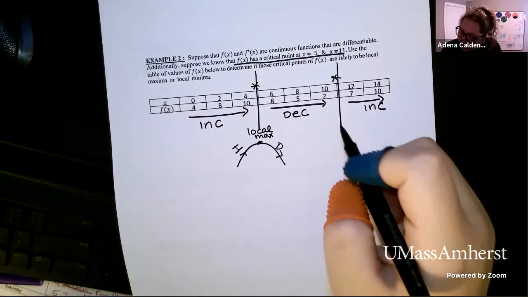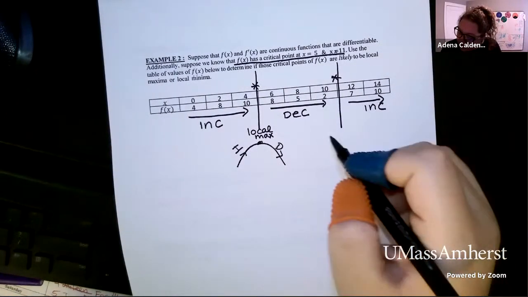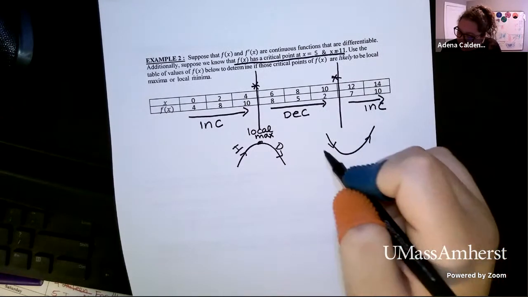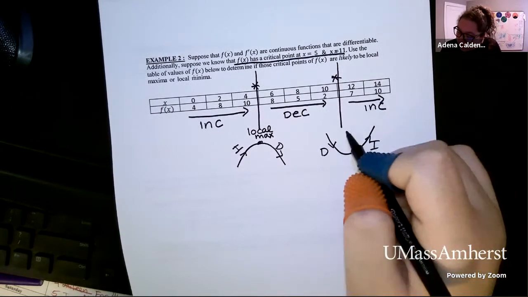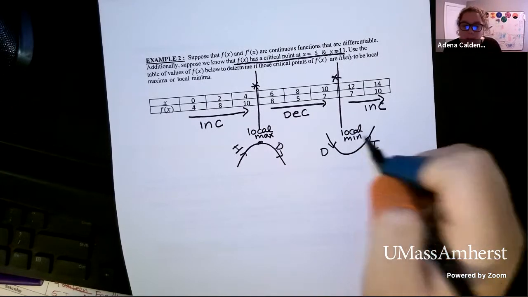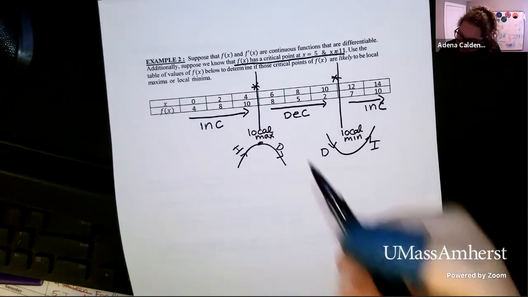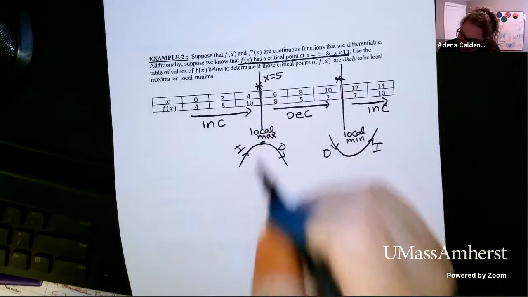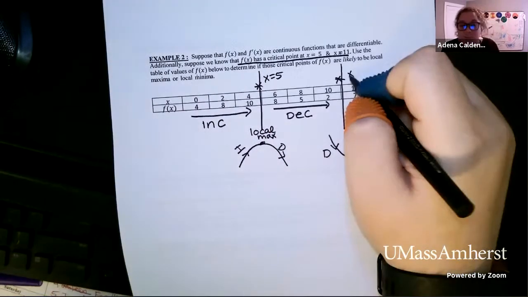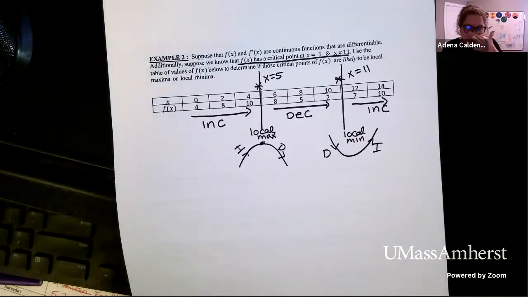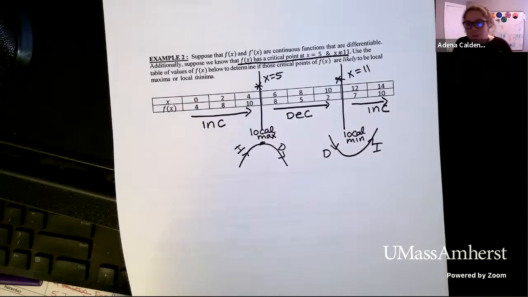If you go from decreasing to increasing, you are going down and then up around your critical point. So decreasing to increasing, that means your critical point is most likely a local minimum. So x equals 5 is most likely a local max, and x equals 11 is most likely a local min. So that is how we would most likely use those particular rules that we're looking at to use that test.